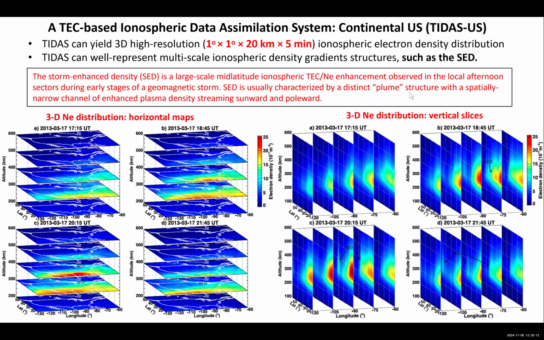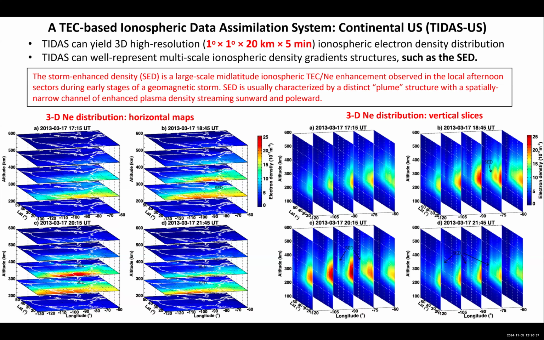So here we show examples of the three-dimensional electron density distribution. You can see these are the horizontal maps at different altitudes. These are the vertical slices. That's the St. Patrick's Day storm in 2013. We can see these storm-enhanced density plume structures, which we mentioned a lot of times.